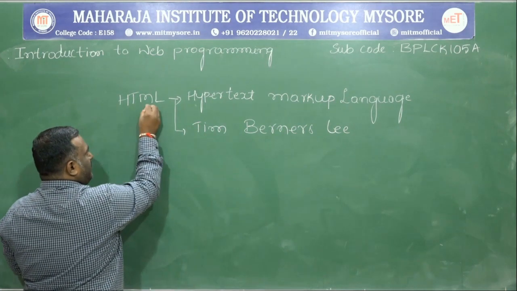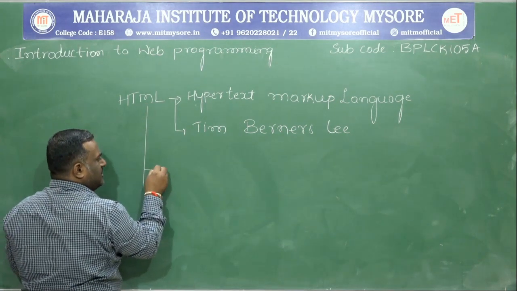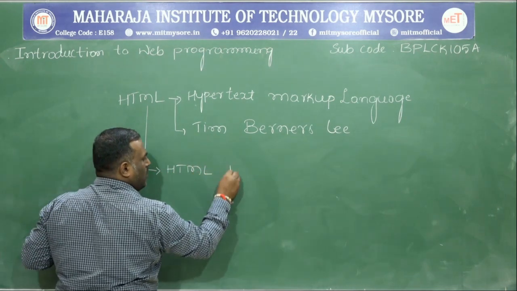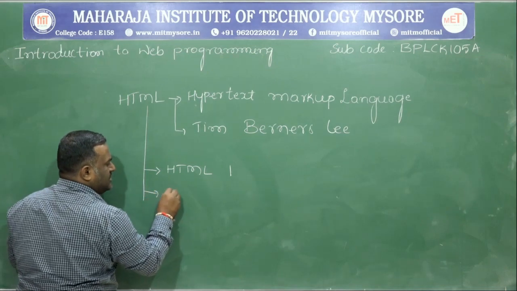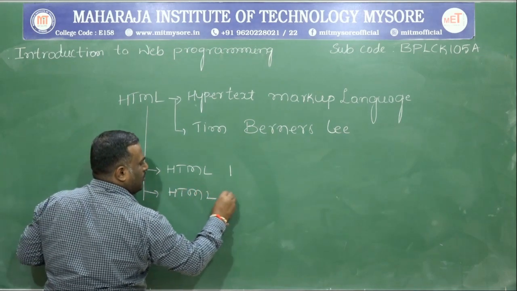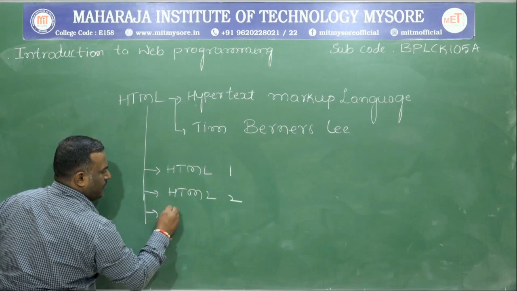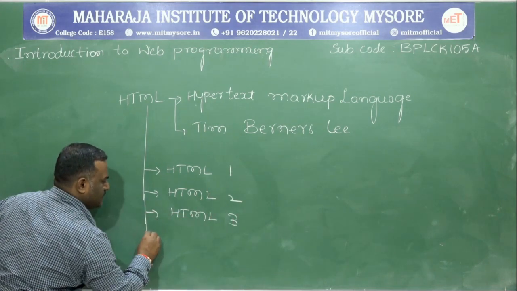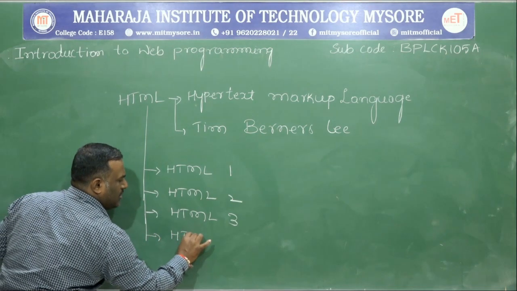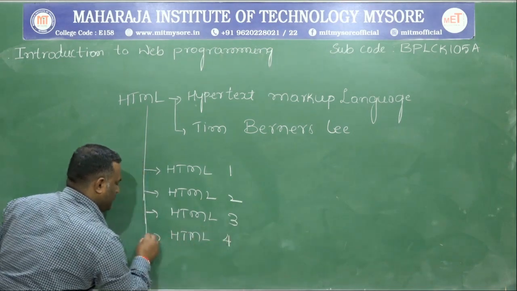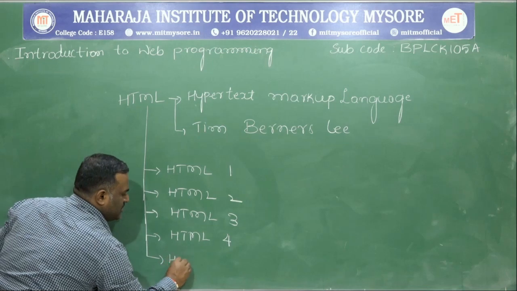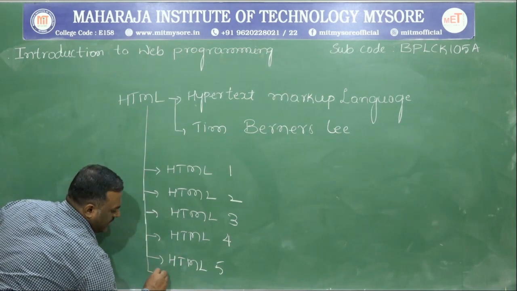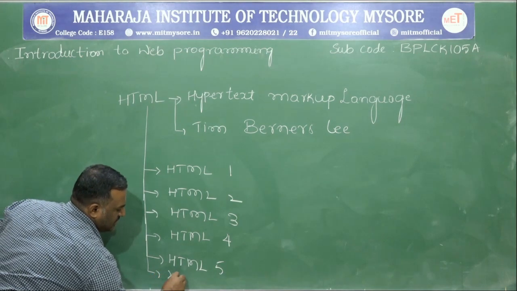Totally, we have different kinds of HTML versions. The first one is HTML1, HTML2, HTML3, HTML4, HTML5, and the next version is XHTML.